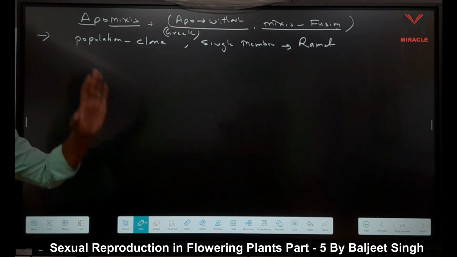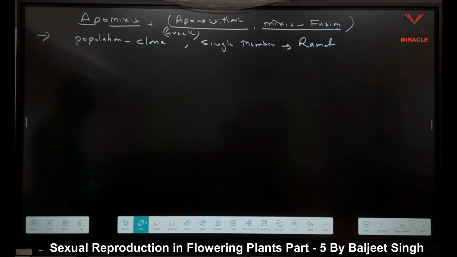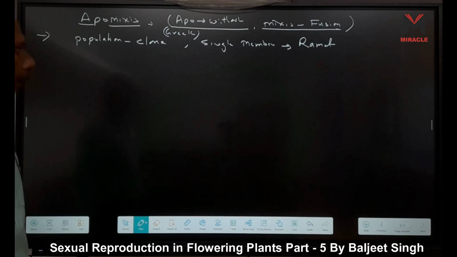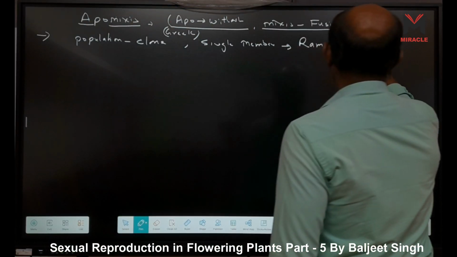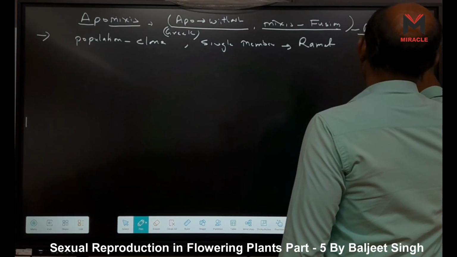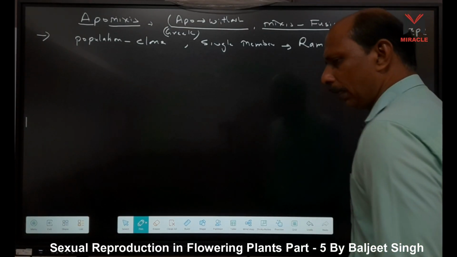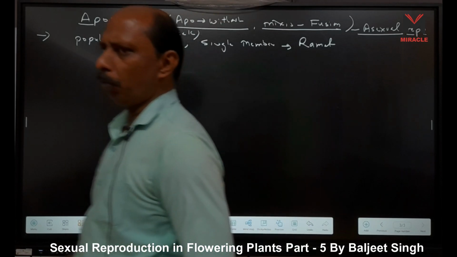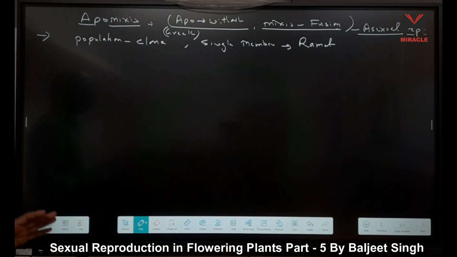It is identical to the mother plant, because here no variation is there. Apomixis means asexual reproduction, that is, development of seed through asexual reproduction. Mostly seeds are formed after fertilization, right? But here seeds are formed without fertilization.